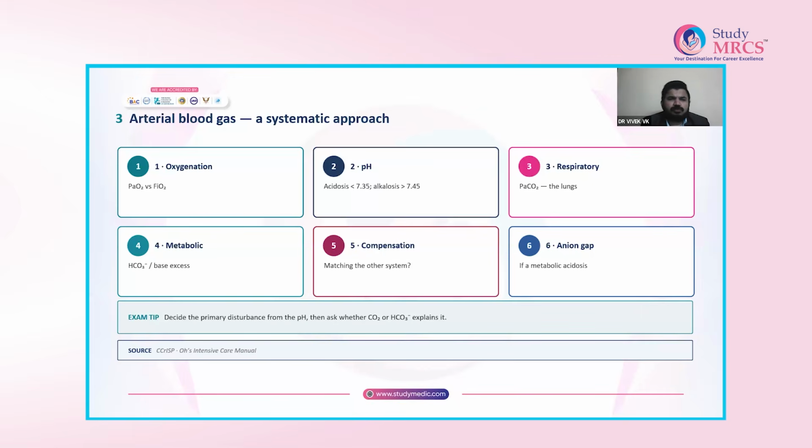So how to identify which type of problem from the ABG? Initially, you have to look at the pH value. If it is less than 7.35, that is acidosis. If it is more than 7.45, that is alkalosis. Then you have to ask whether the carbon dioxide, that is PaCO2, or the bicarbonate value, which one is deranged.